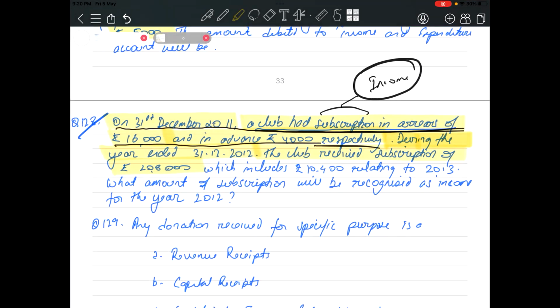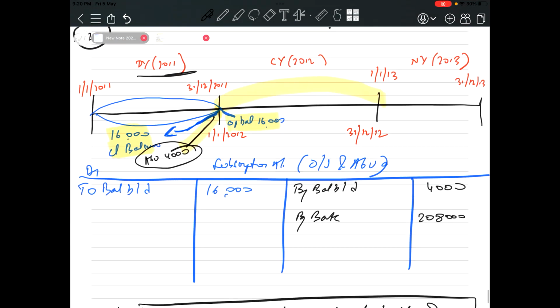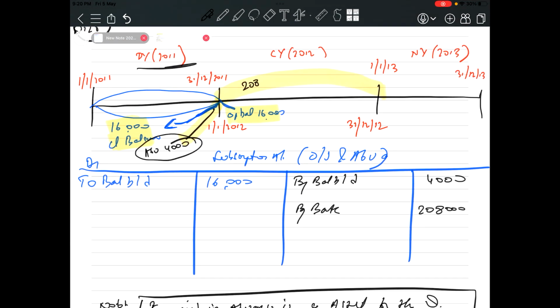Now next, during the year the club receives subscription of 2,08,000, which includes 10,400 relating to 2013. Which means we have received this in advance for 2013.